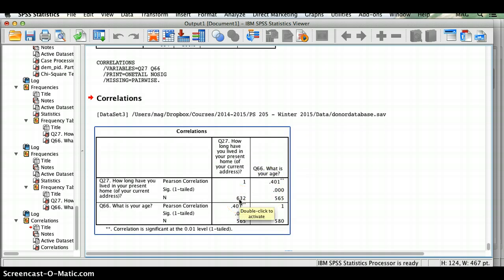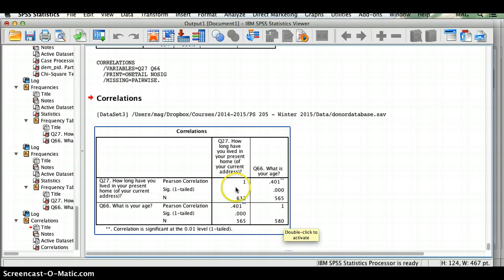This is the correlation matrix. Now, as you add more than two variables to this matrix, this table will get bigger and bigger and bigger. But there's a couple of things to note here. First, this table is a mirror. If you look at the diagonal squares of this table, they all will say 1 for Pearson correlation, and that's because they're comparing the same exact variable to itself.